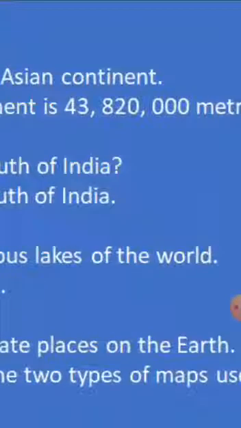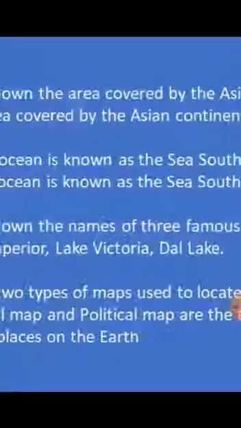Meter square or m square you can write. That is 4 crore 38 lakh 20,000 meter square.